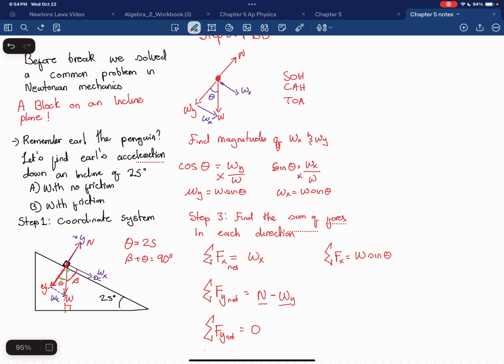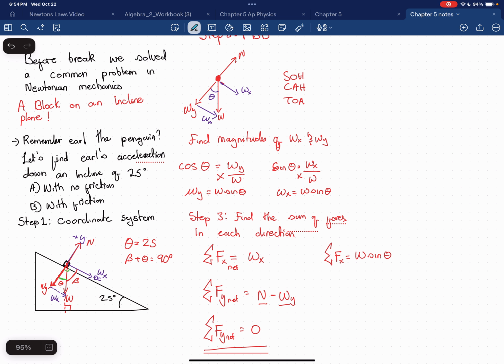All right. So because we have a 0 in the y direction forces, that just means we're not accelerating in the y direction. So we can forget about that part. So now let's work in the x direction. And here we see that f of x is equal to omega sine theta, our weight.